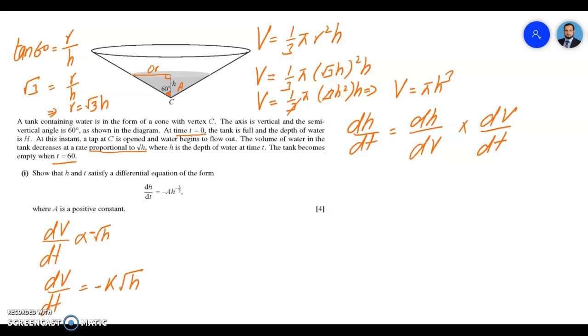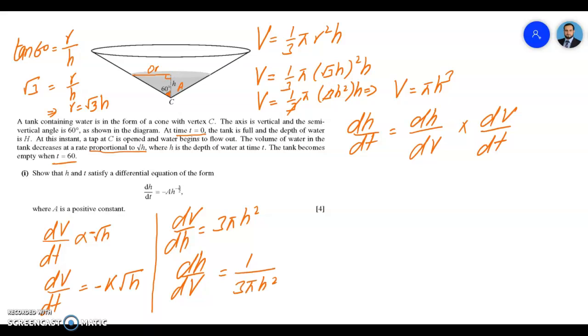So if we differentiate this, dV by dh is equal to 3 pi h squared. And since we need dh by dV, we will take the reciprocal of this, so this will become 1 over 3 pi h squared.